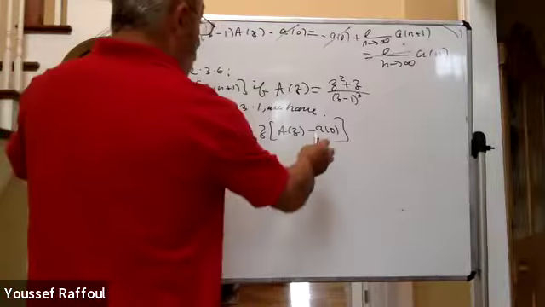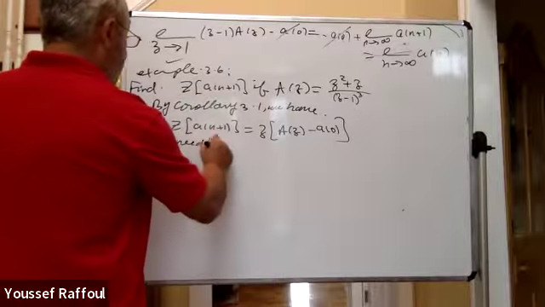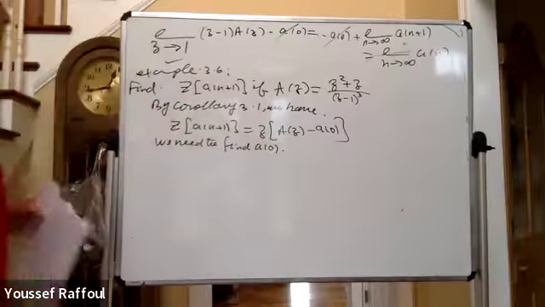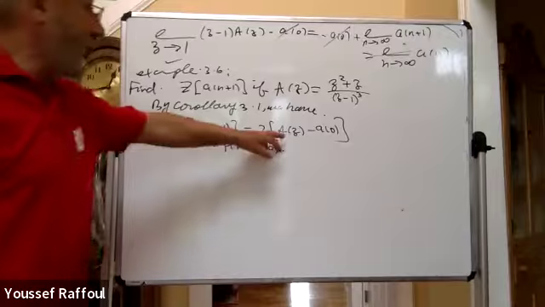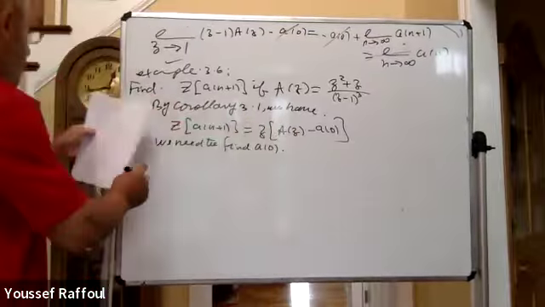So now we need to find a_0 and then we are done, because I know A(z), I can multiply it by z, but I don't know what a_0 is.